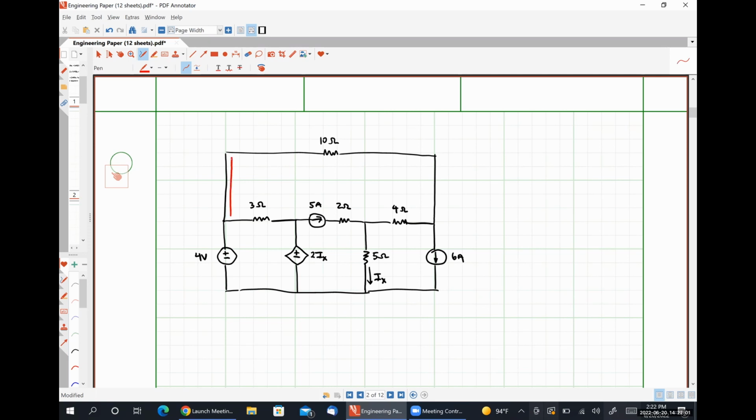So we have this mesh on top, like so. This mesh here on the bottom left.